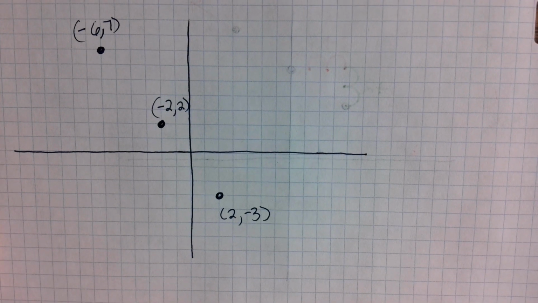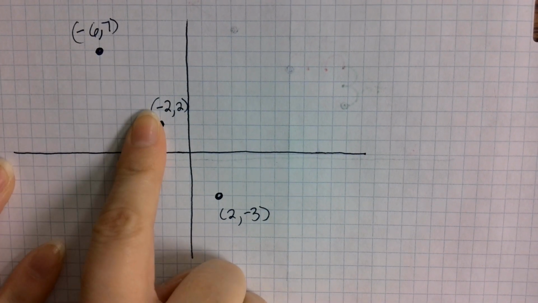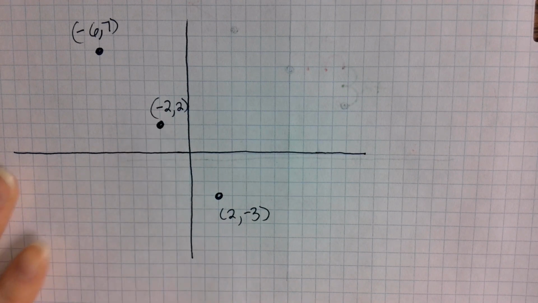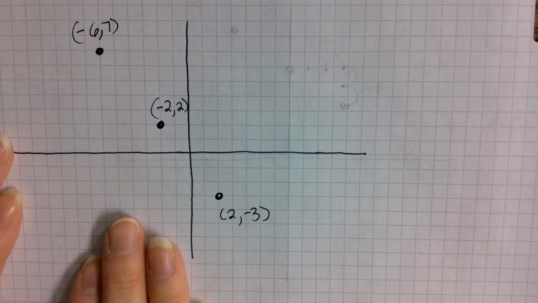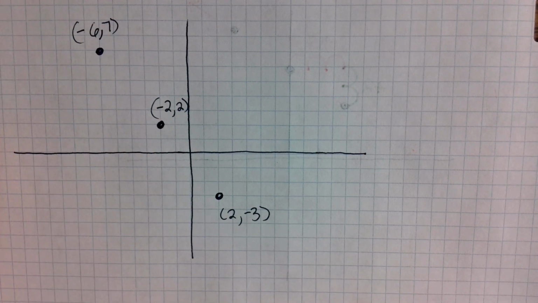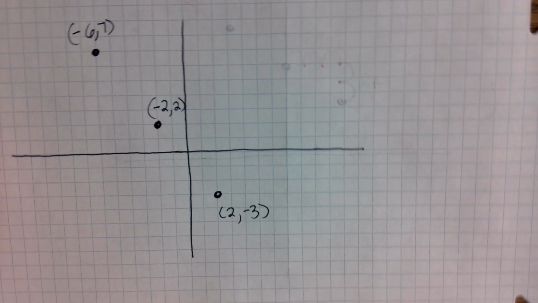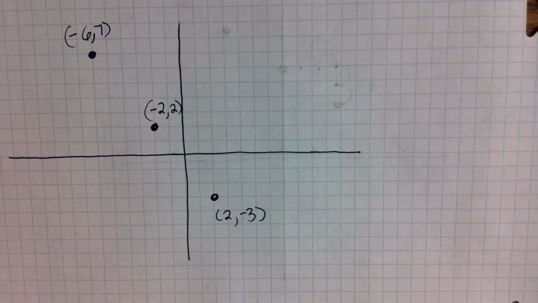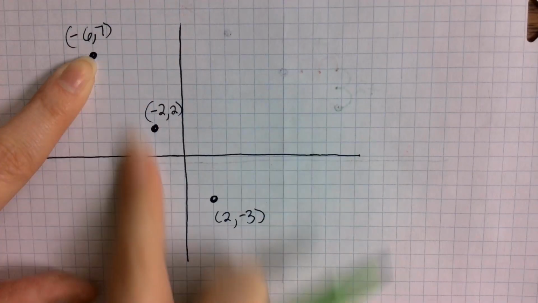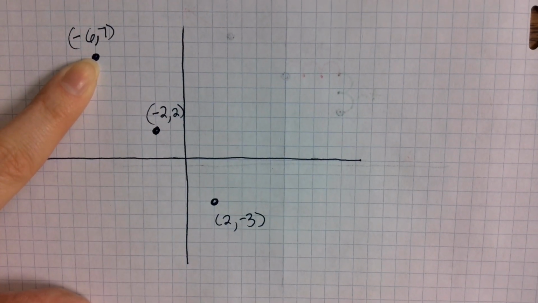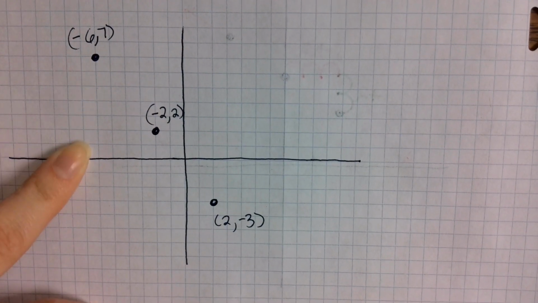All right, so again, we're going from one point to the next point. We want to know what is the change in the y over the change in the x. Who can tell me what the change of the y is going to be? First of all, if I start at my first point, am I going up or down? Down. How much am I going down to get to the next point?